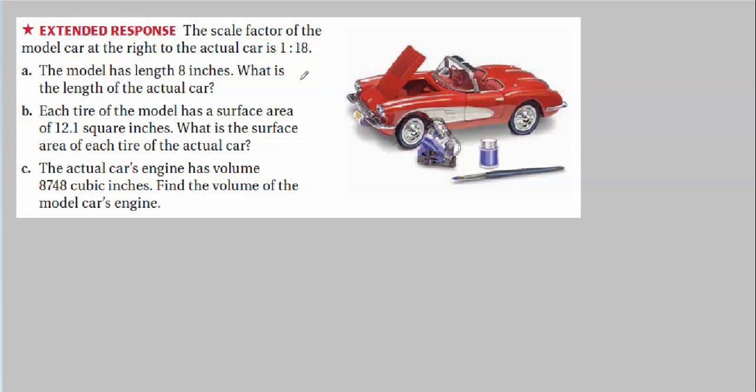So how does that work? Let's see, 8 times 18. So the length of the car is 144 inches. And with 12 inches in a foot, that's actually 12 feet, which is a pretty small car, I think.